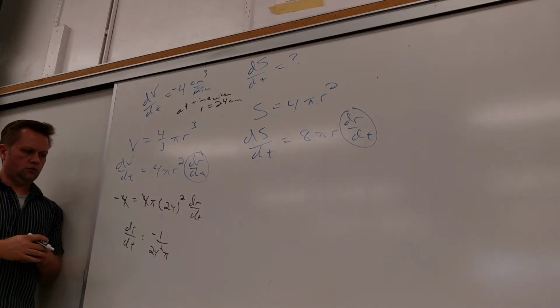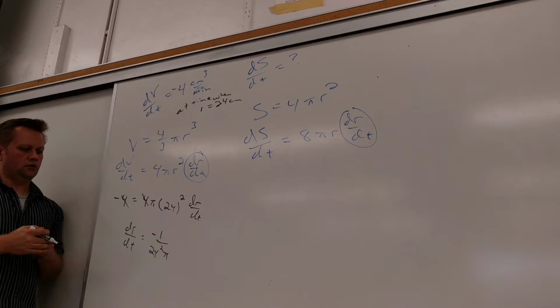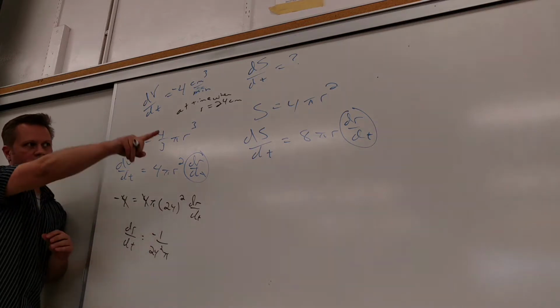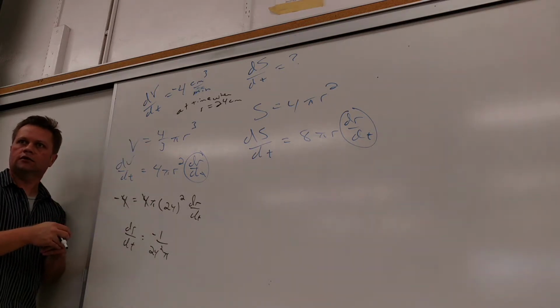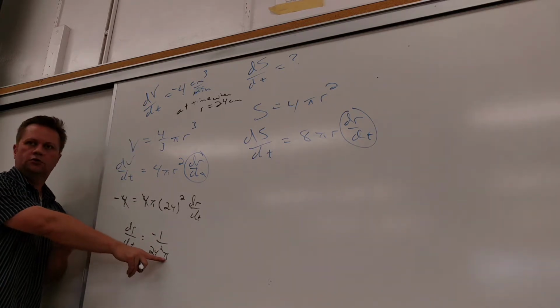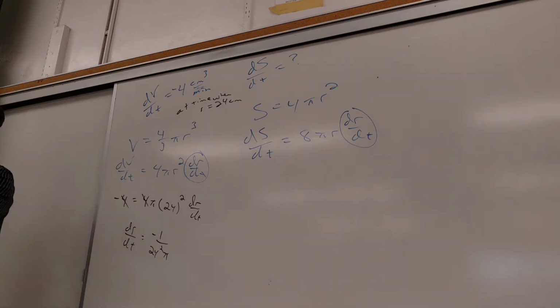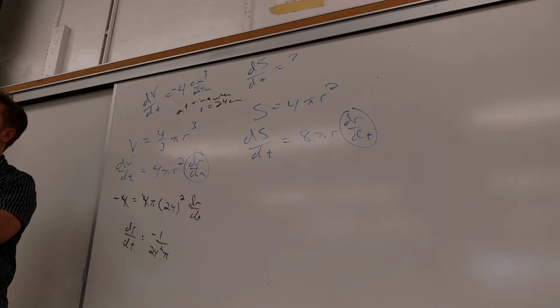I would leave it like this, because you never know what's going to happen over there. Don't even multiply out pi, especially when you have multiple equations. You're hoping pi is going to cancel. If it doesn't, then you worry about it.